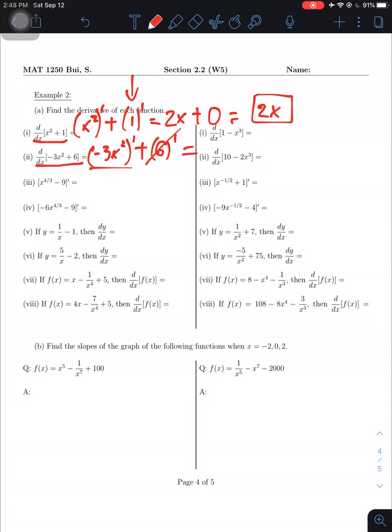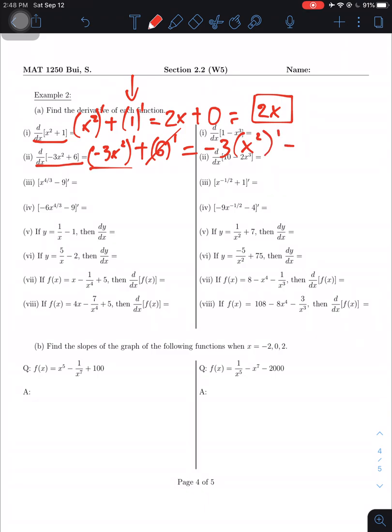For the first term, we have to apply the constant, what is it, I'm trying to remember it, the constant multiple rule. There we go. The constant multiple rule. So it means we're going to set aside the negative 3, and then we're going to focus on taking the derivative of just the variable part, which is x squared.